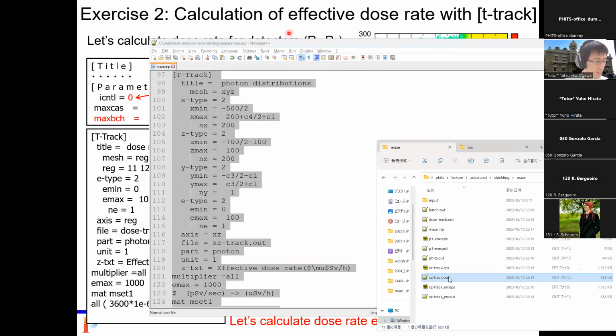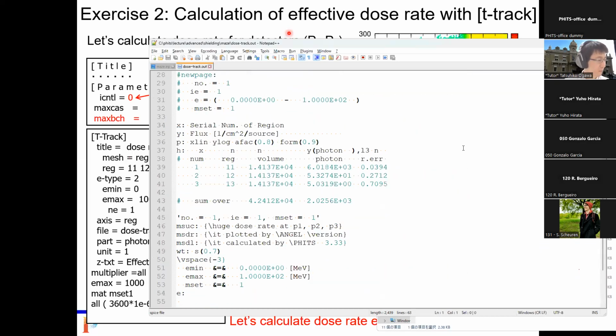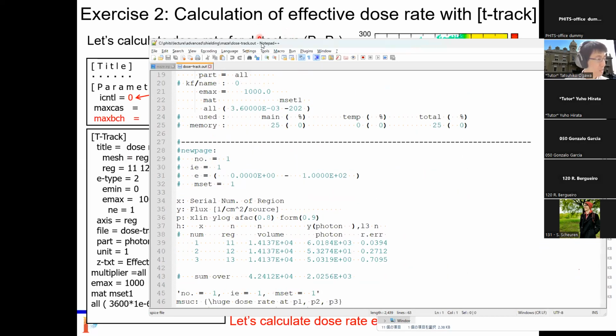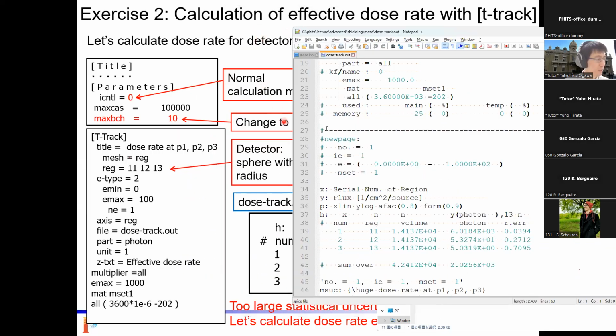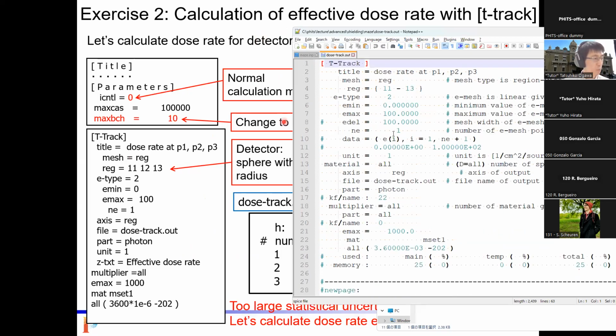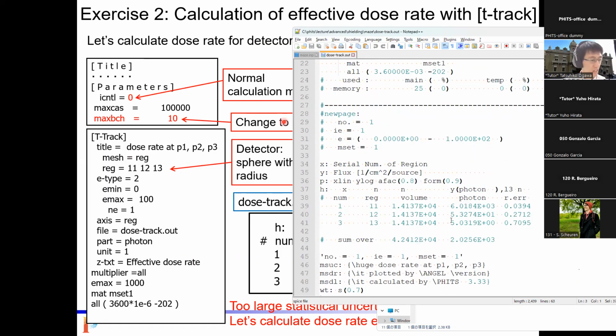No, it isn't. trackDose.out, sorry. So trackDose.out is the output of ttrack, which calculates the dose rates at P1, P2, and P3. The doses are like this, and that.